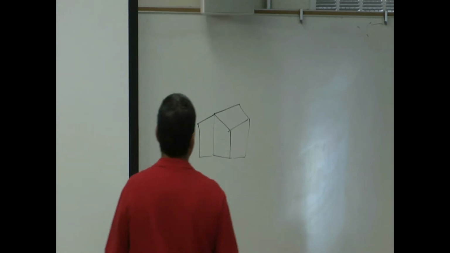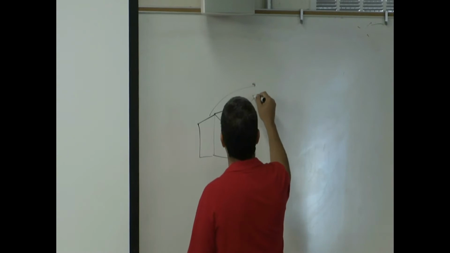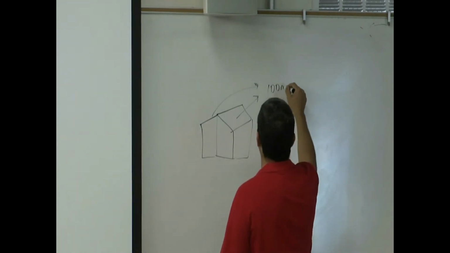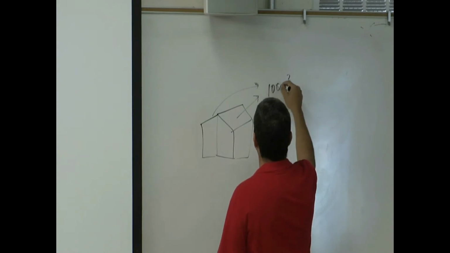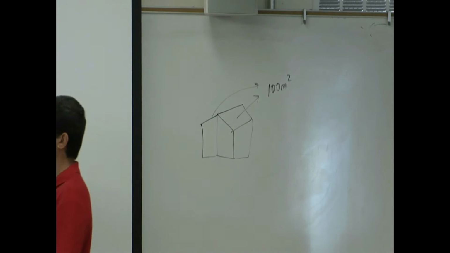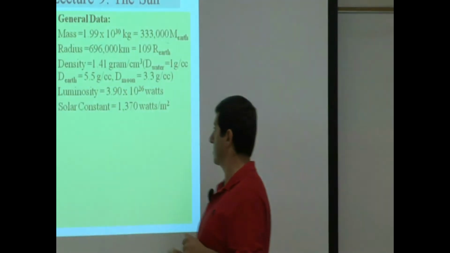So imagine you had a house with a roof, and let's say, just to make it simple, the roof total surface area was 100 meters squared, just for the sake of argument. How much power would be hitting that roof? How much solar power?